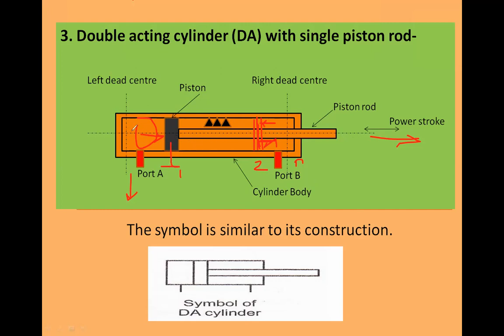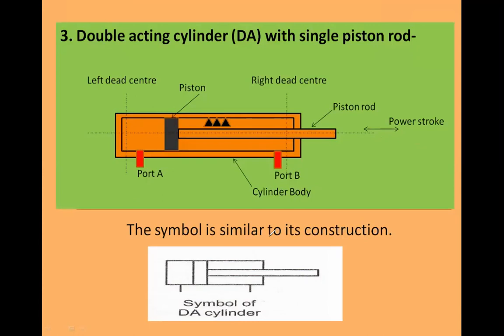At that time from port A the fluid will come outside, and in the next cycle port A will take fluid inside. When the piston moves in the forward direction, the fluid that was in port B will come outside. Like that the cycle will complete. This is the working principle of a double acting cylinder.